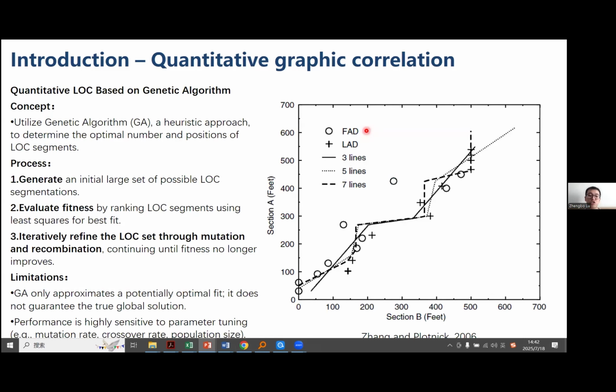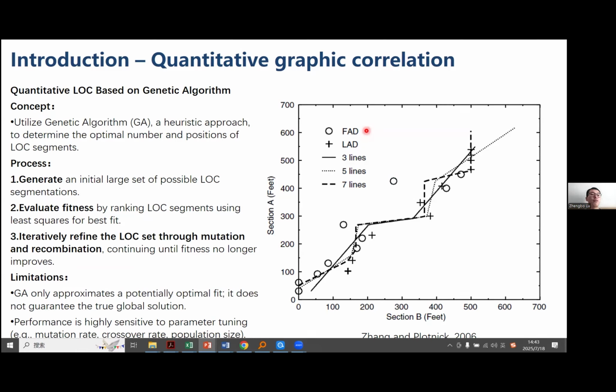In contrast, Zhang and Plotnick in 2006 tried to utilize the genetic algorithm, GA in short, to determine the optimal number and positions of LOC segments. The main process of their approach includes first generating an initial large set of possible LOC segmentations, and then the program would evaluate the fitness by ranking the LOC segments using least squares for best fit.